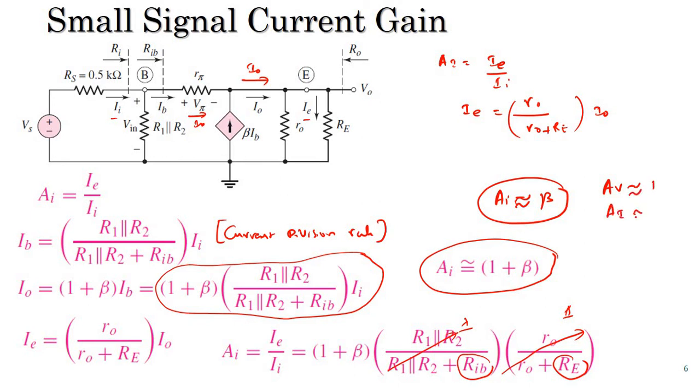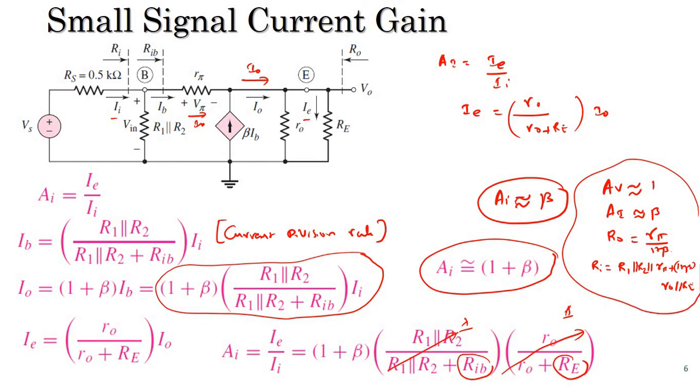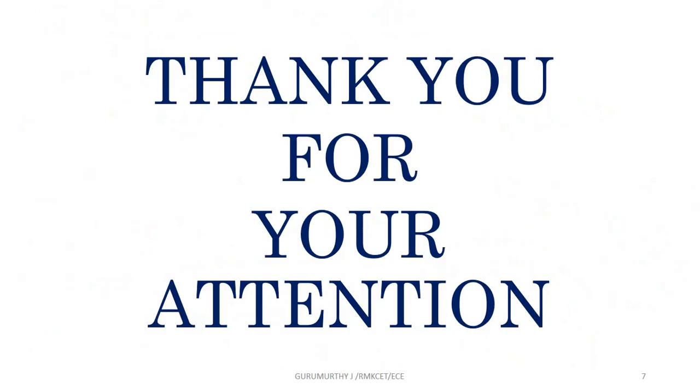Current gain is equal to beta, R0 is equal to R pi by 1 plus beta, and Ri is equal to R1 parallel R2 parallel R pi plus 1 plus beta R0 parallel Re. So this is the consolidation of the common collector amplifier. And thank you all.